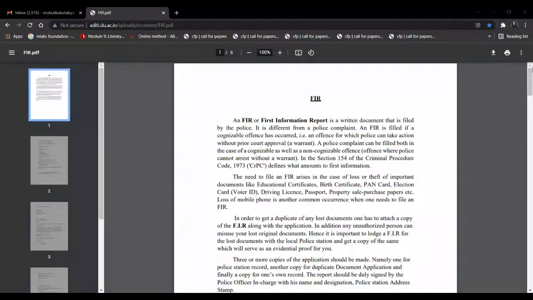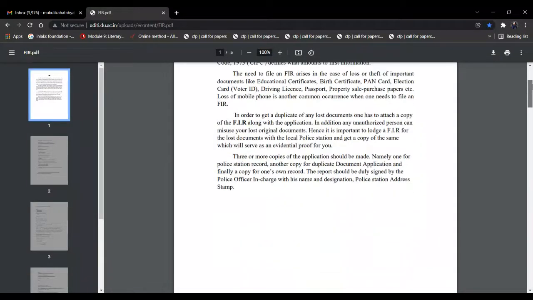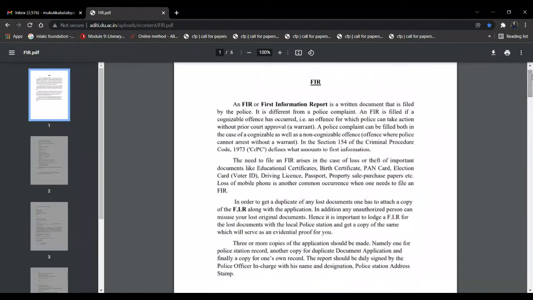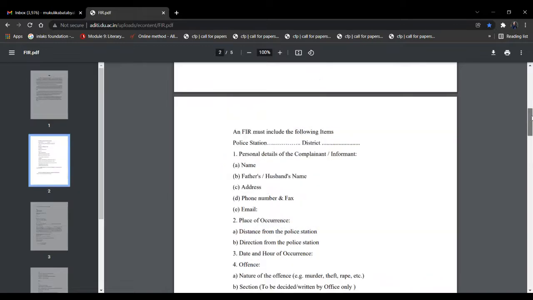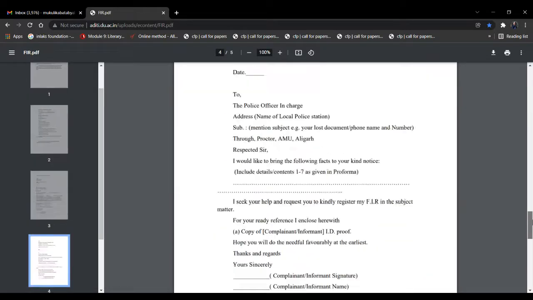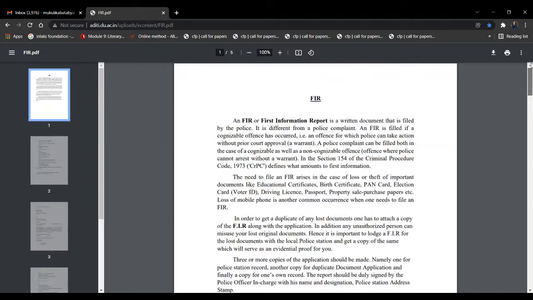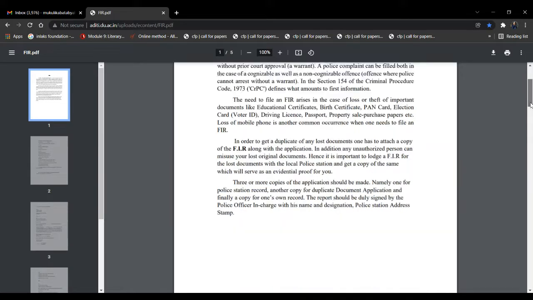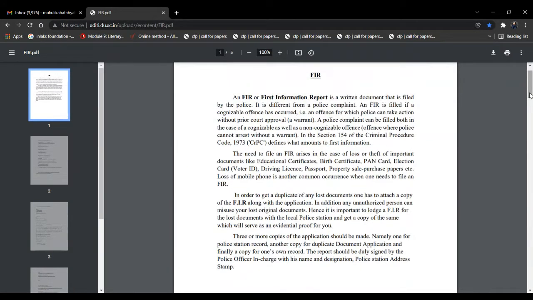So now here we will discuss what an FIR is. Once we are done, I can download this PDF and send it to you on WhatsApp. So now let us see what the FIR is.